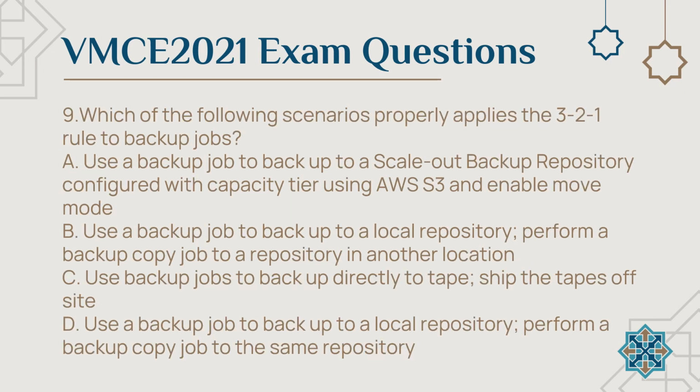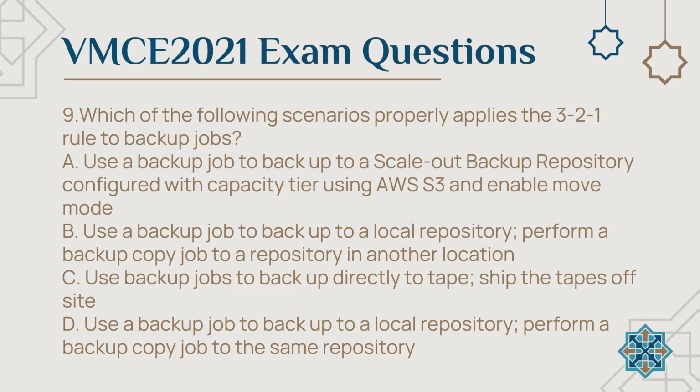9. Which of the following scenarios properly applies the 3-2-1 rule to backup jobs? A. Use a backup job to back up to a scale-out backup repository configured with capacity tier using AWS S3 and enable move mode. B. Use a backup job to back up to a local repository.